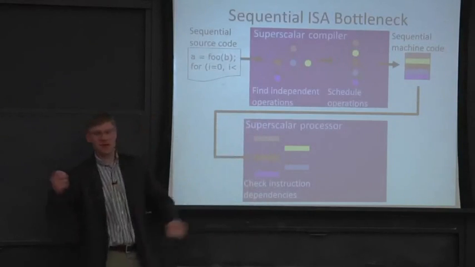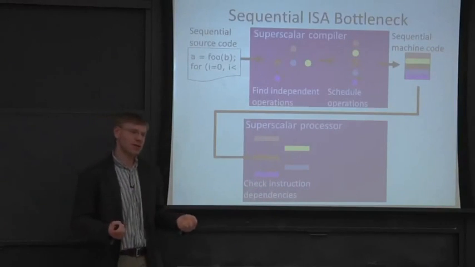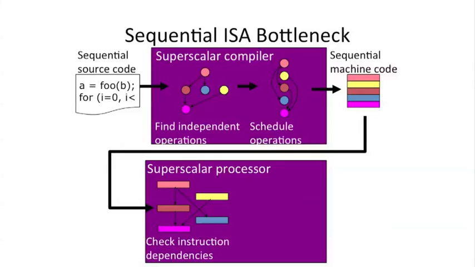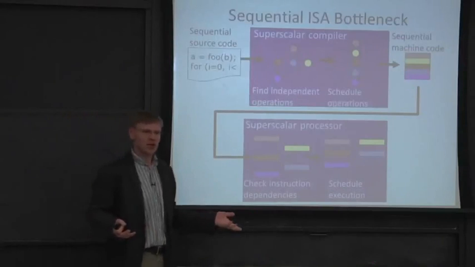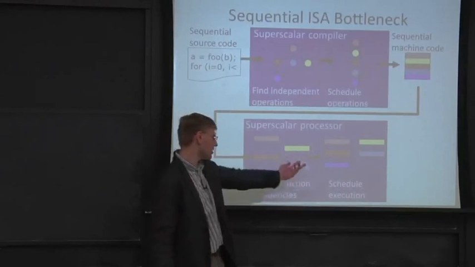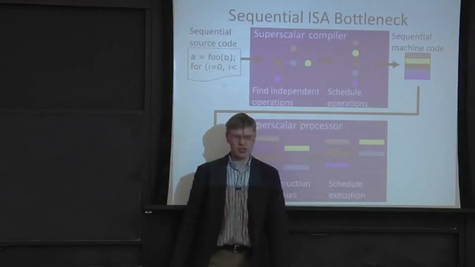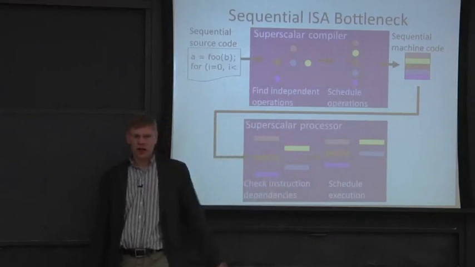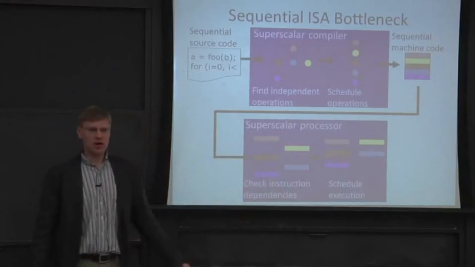The processor takes that sequential code sequence back apart and does out-of-order scheduling, like we did on the midterm exam. We build a bunch of hardware here, which has high complexity, as we were talking about, in the combinational logic checking the dependencies. Then it comes up with some schedule. This is done via our reservation stations or our instruction queues, and something's going to fire, and it's going to execute those instructions by preserving read after write dependencies.